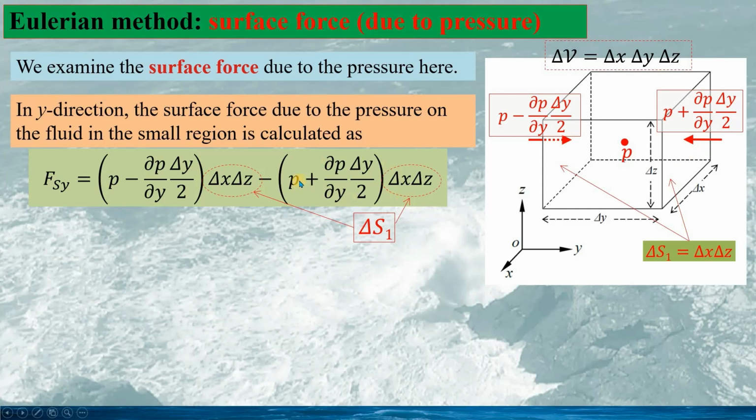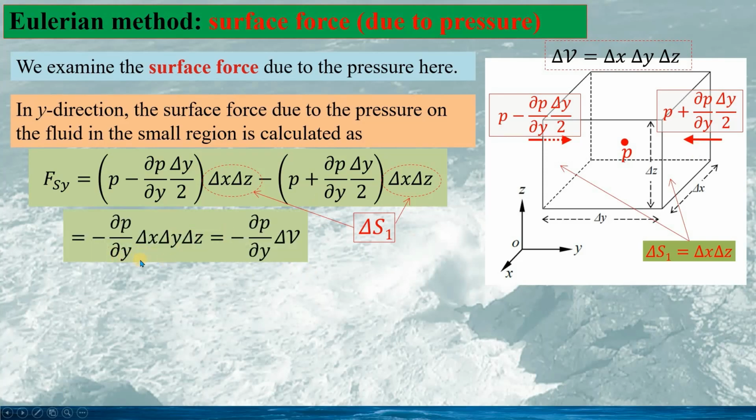And this term is the pressure acting on the surface on the right-hand side. So this would be calculated as this, and then we have the expression for the surface force in the y direction on the cubic given as this.